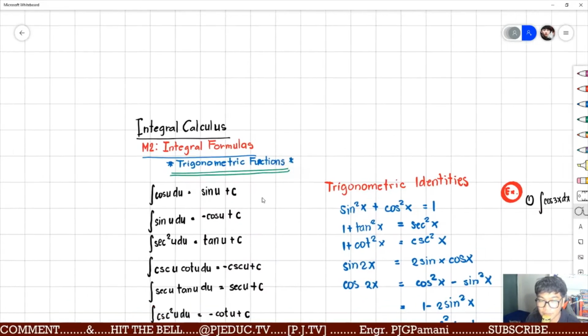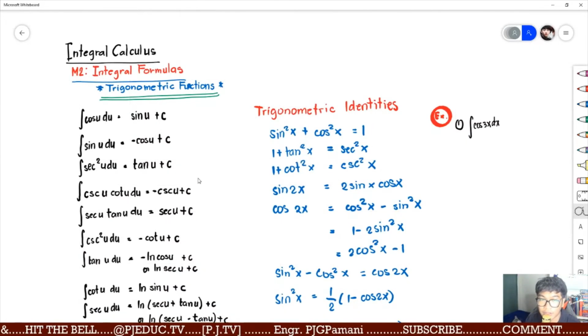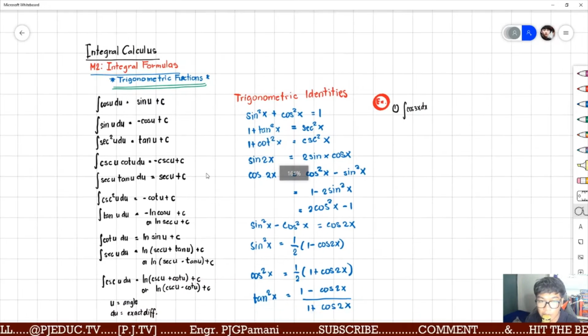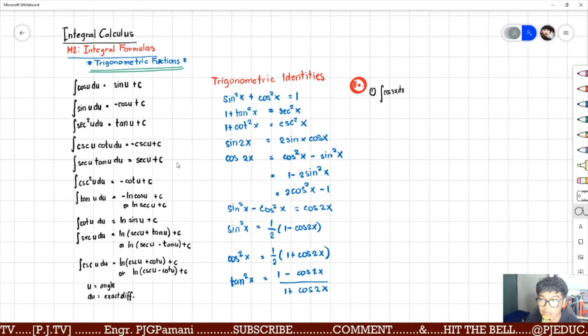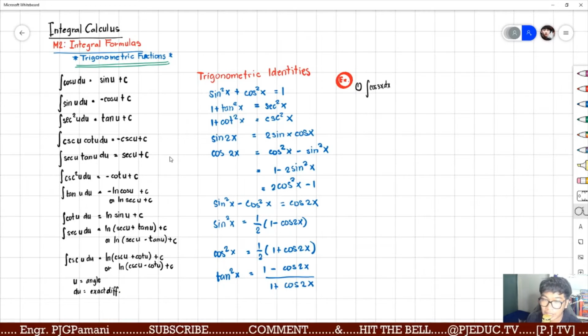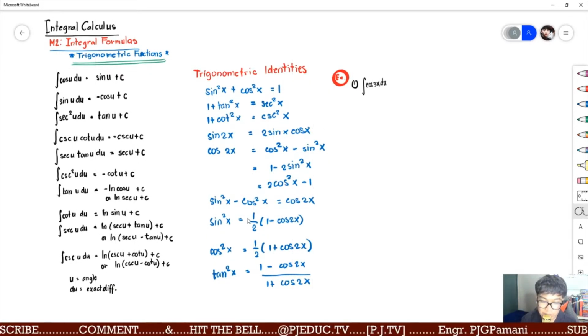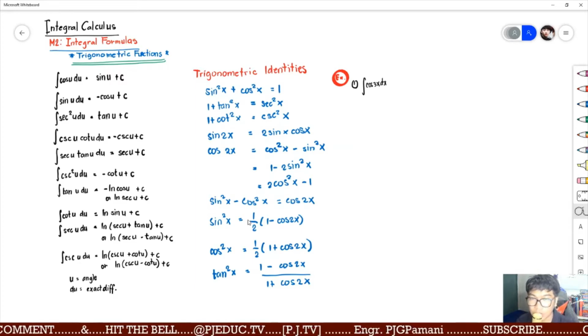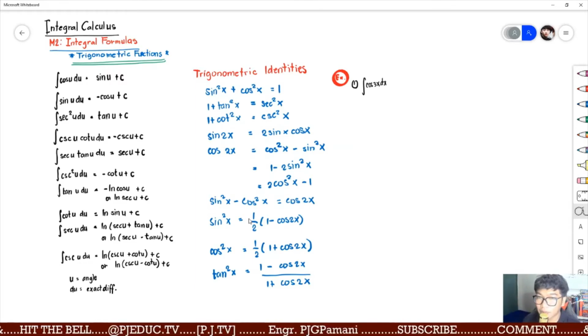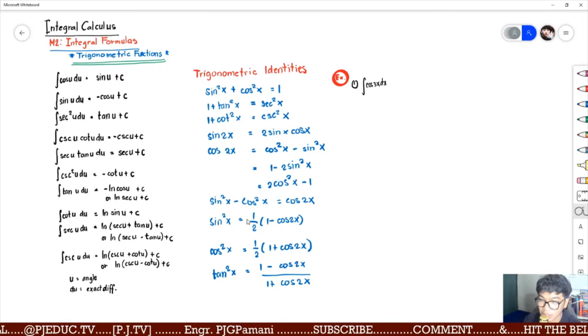So there are several formulas involving trigonometric functions and as well as your basic knowledge when it comes to trigonometric identities. Kung alam nyo pa yung inyong identities from your senior and junior high school, as well from your differential, of course, and introduction to calculus.